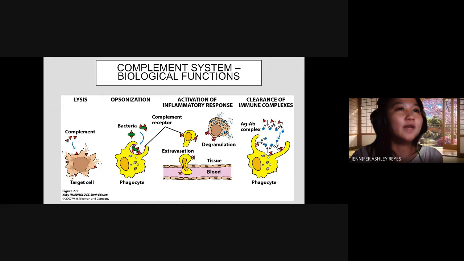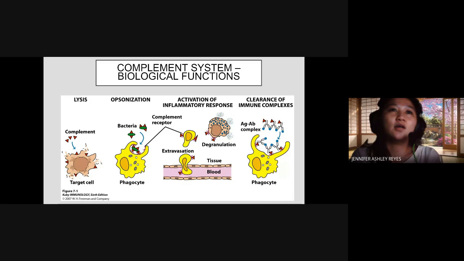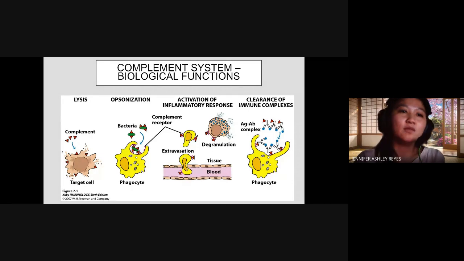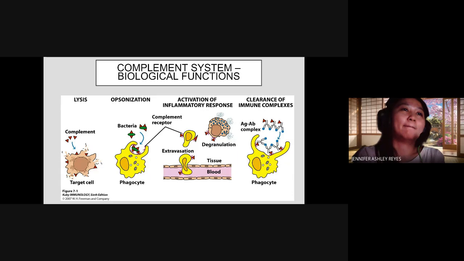So always remember, pag merong immune complex, antibody antigen, na-detect yan ng immune system, tatawag talaga yan ng inflammatory response. Whether in ganun kalaki or ganun ka-severe or mild, pero it will cause an immune reaction. So, dyan din umiikot minsan yung pathogenesis ng other mga autoimmune diseases kasi there are times that we are able to produce antibodies against our own antigens.